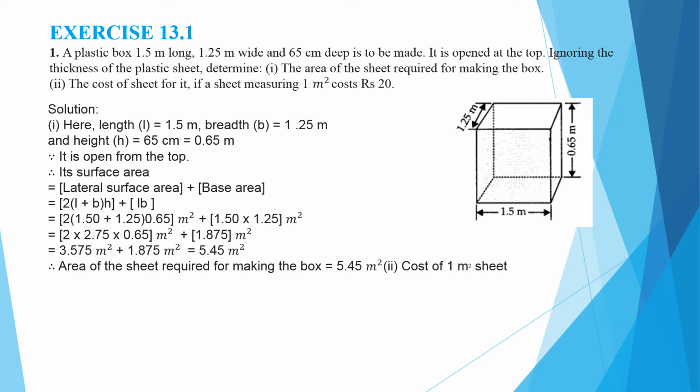Now the second part, we need to find the cost, and it is clearly given the cost of 1 meter square is rupees 20. Therefore the cost of sheet for 5.45 meter square is rupees 20 into 5.45, which is equal to rupees 109.